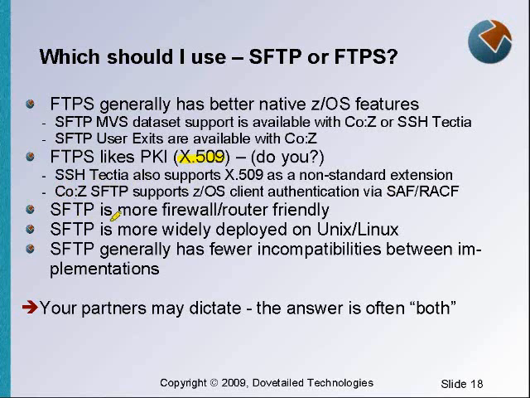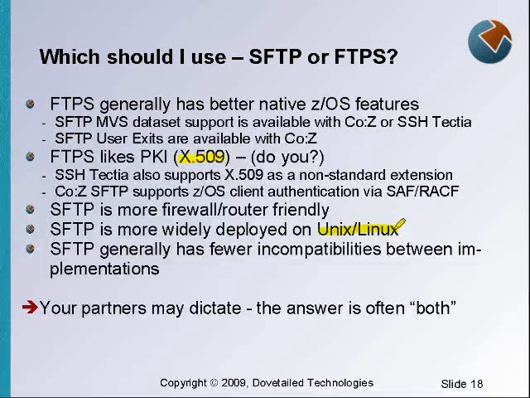On the SFTP side of the equation, because of this single connection, single socket mechanism, it is much more firewall and router friendly. Also, this is what a lot of people are finding out these days: in Unix and Linux environments, because SFTP and OpenSSH are pre-installed, it's more widely deployed.